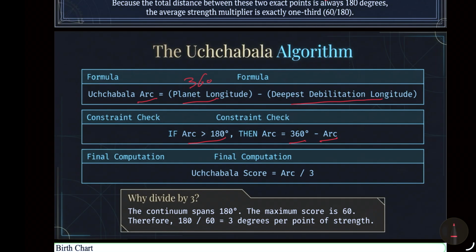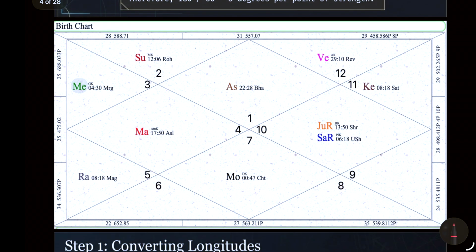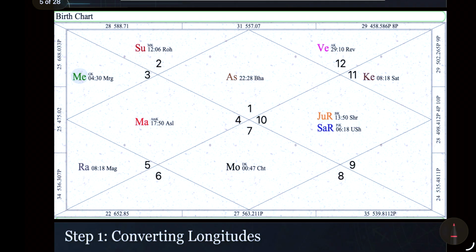But if the arc is less than 180, we don't do this step. Whatever value we get for the arc after this, we divide by 3. Maximum score is 60. This is the chart which we have in our exam, and we'll calculate first for Sun, and then you can follow the same computation for the rest.